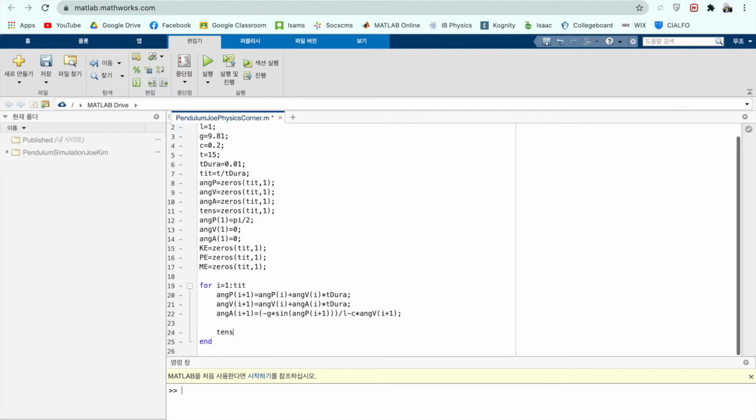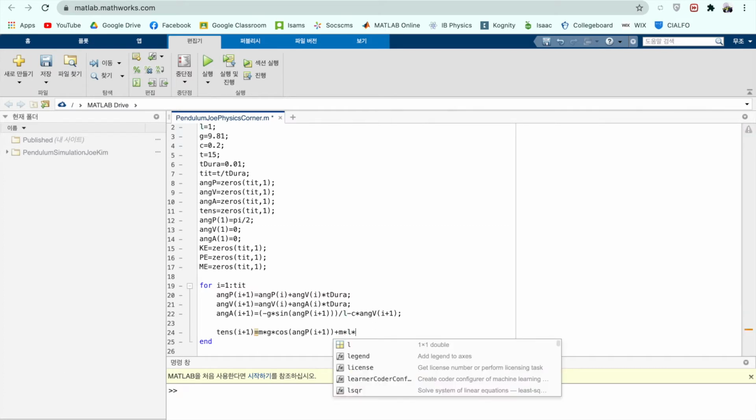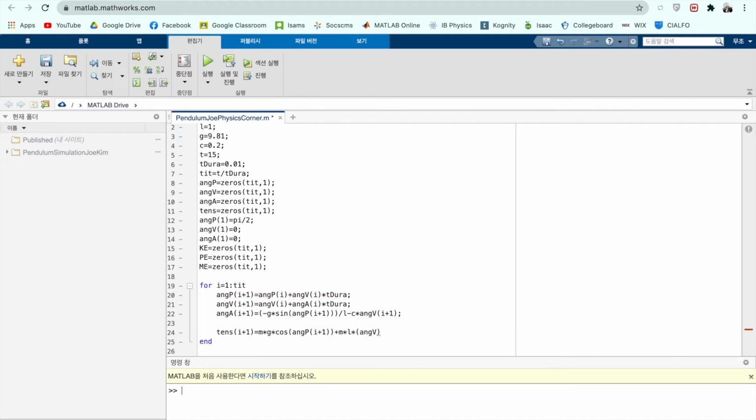And then I'm going to get the tension. The tension value would be equal to the mass times g times the cosine of theta plus the mass times the radius times the angular velocity of the same value.